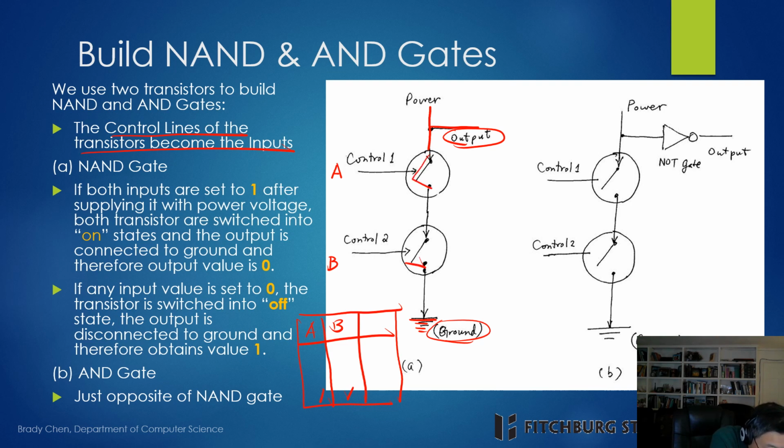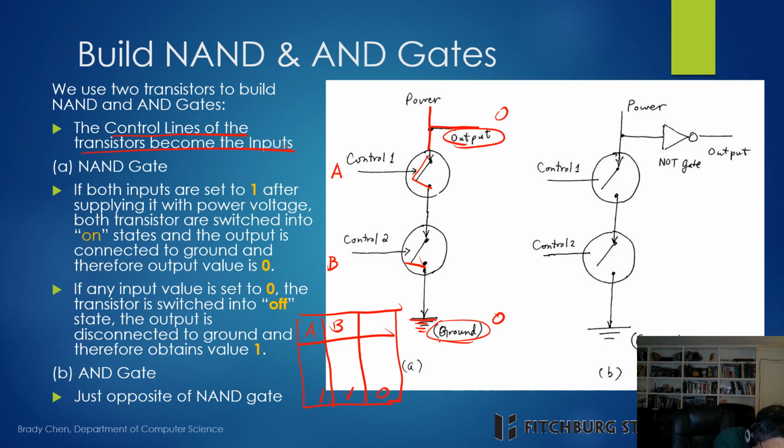That means the power line will be directly connected to the ground, so any electricity will be drained to the ground. So the output will be 0.